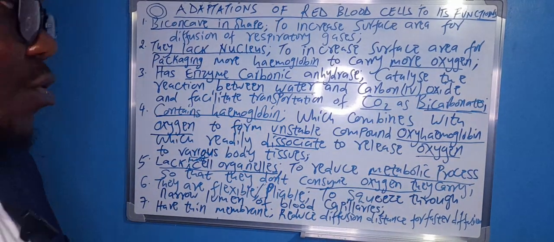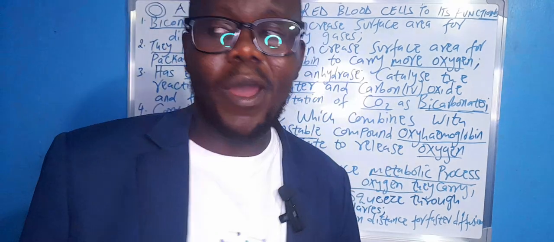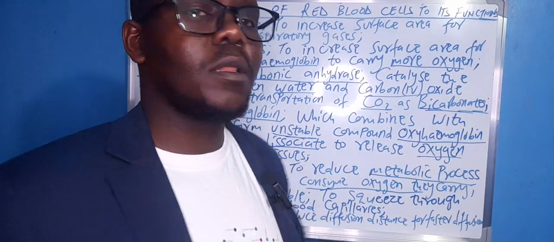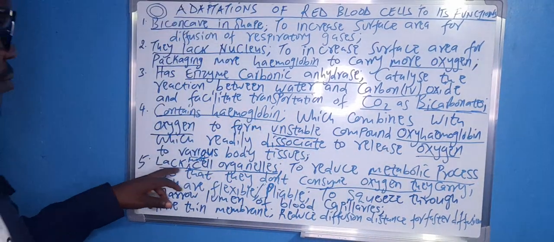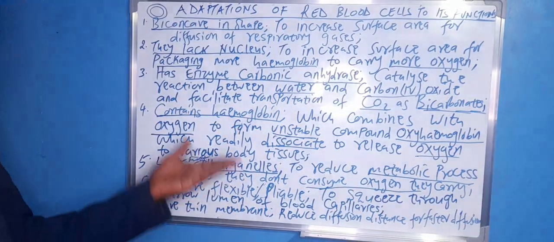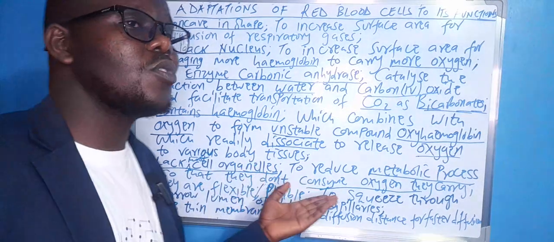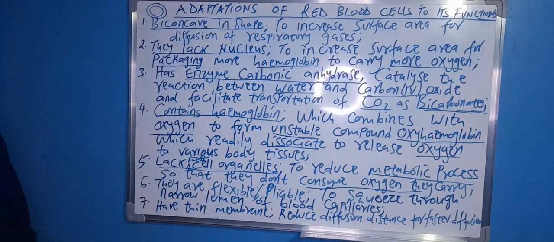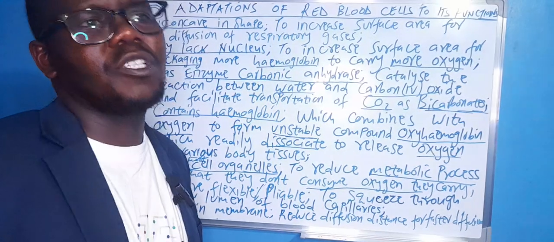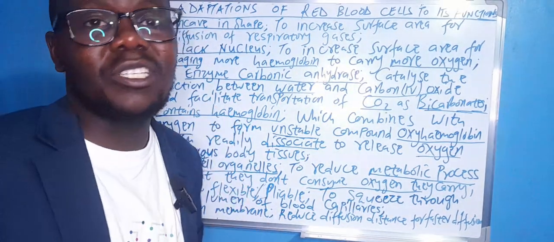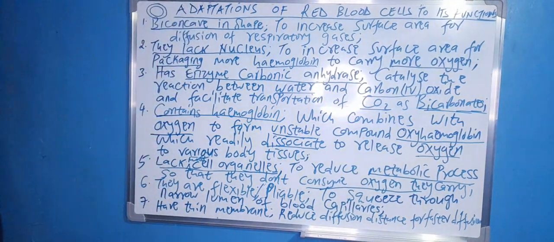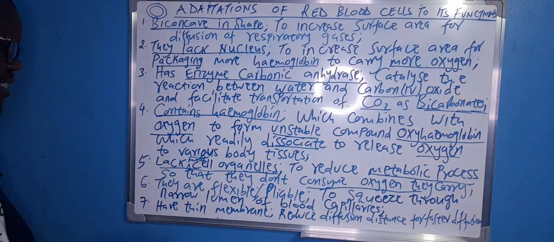That is the importance. You'll get a question in your paper one asking why red blood cells lack most of the cell organelles. We are saying it is to prevent them from consuming the oxygen that they will be transporting. The main role of red blood cells is transportation of oxygen. If they used the oxygen which they transport, we would have a lot of difficulties.